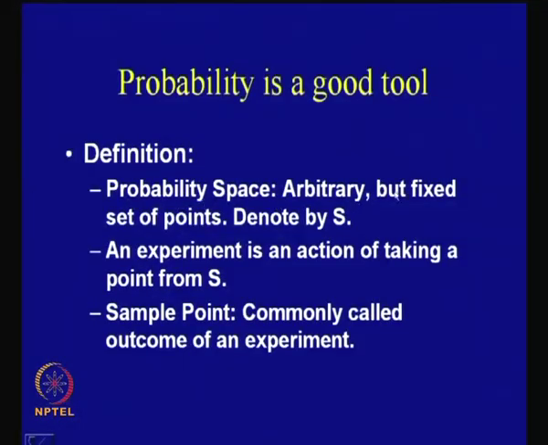The probability space is an arbitrary but fixed set of points, for example head and tail, though it could be more than that, and we denote it by S. The experiment is the action of taking a point from S, choosing a random point from this sample space. This is a sample point, commonly called the outcome of an experiment. So you toss a coin, it's either head or tail. The head or the tail is a sample point of the experiment.